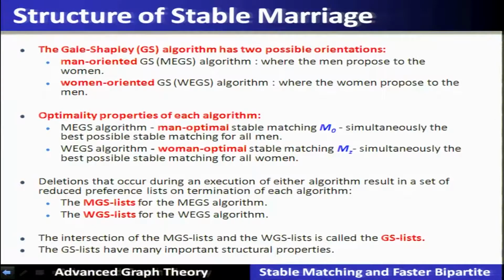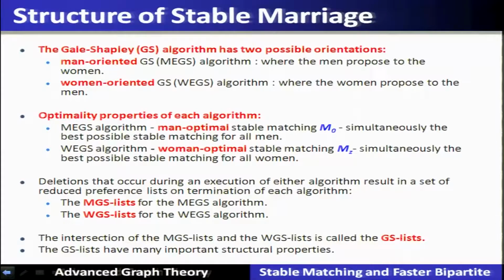The structure of the stable marriage algorithm: here we can see the optimality property of each algorithm. Man oriented stable matching is simultaneously the best possible stable matching for all men. Similarly, woman optimal is also the best possible stable matching for all women. Now, deletions that occur during the execution of either algorithm result in a set of reduced preference lists on the termination of each algorithm.